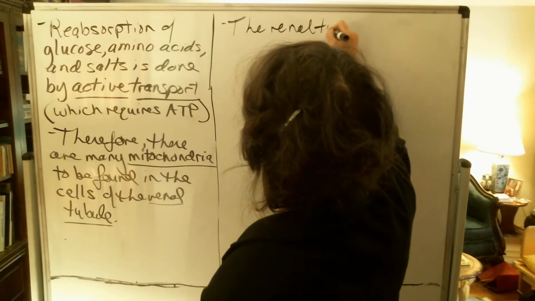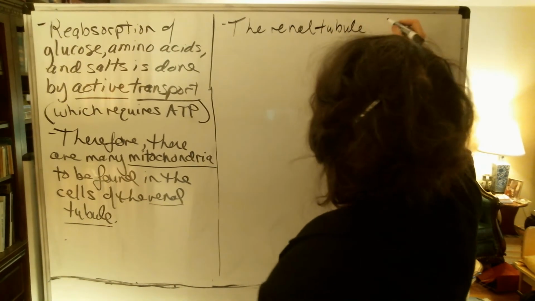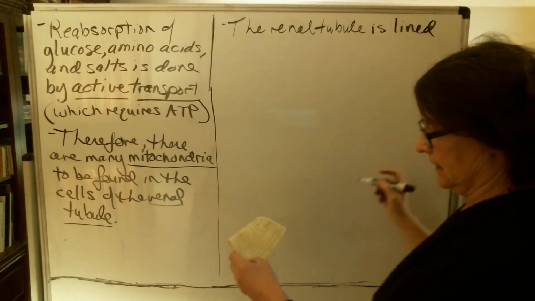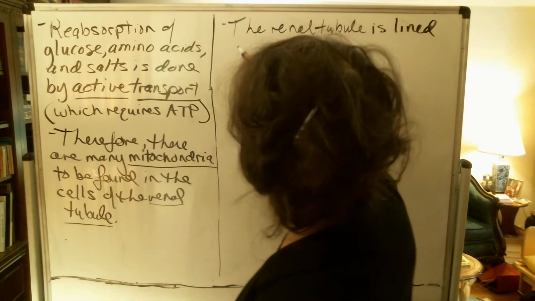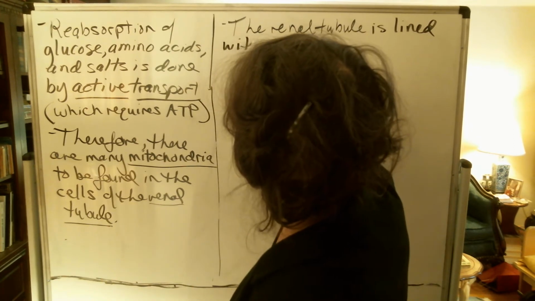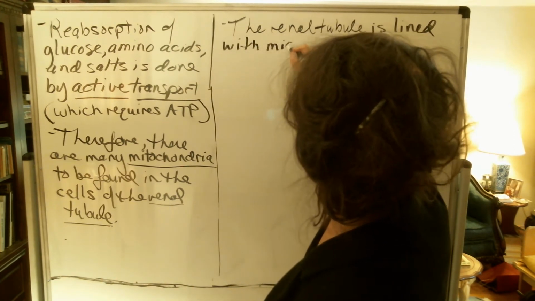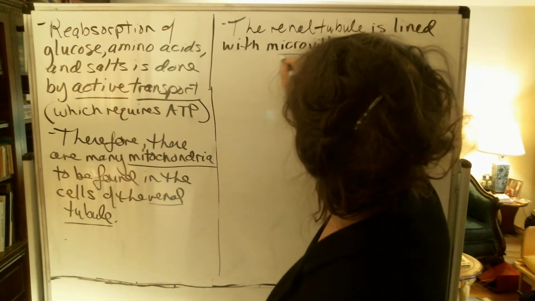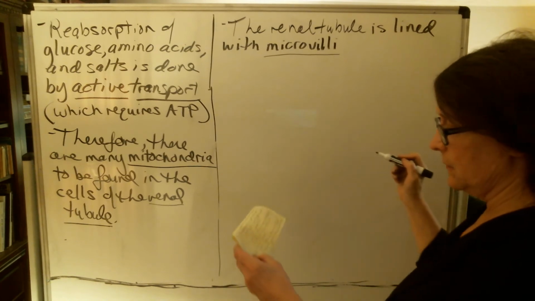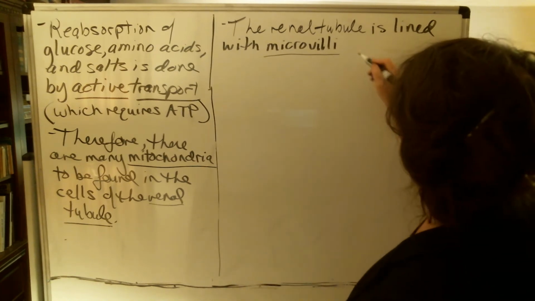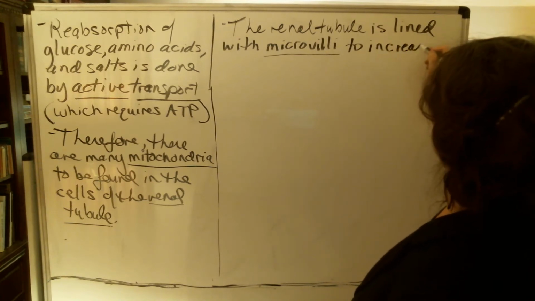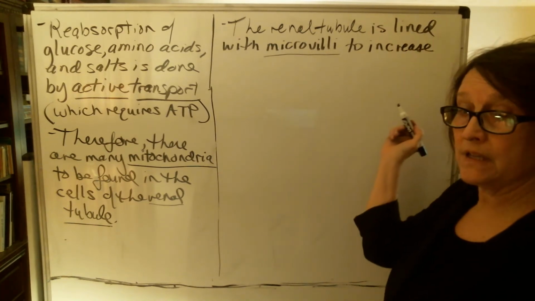So the renal tubule is lined with microvilli, so little teensy projections, basically, to increase, and again, think like a physiologist.